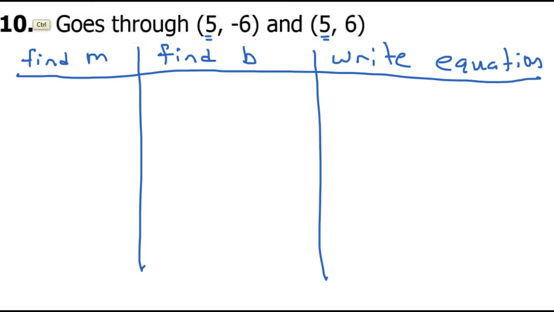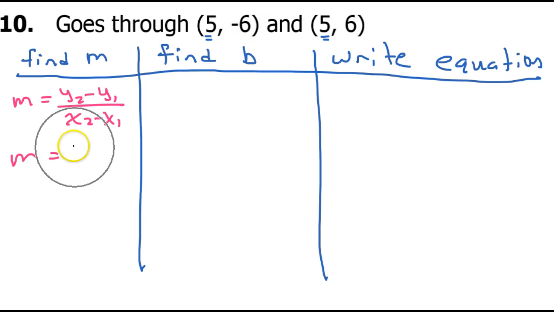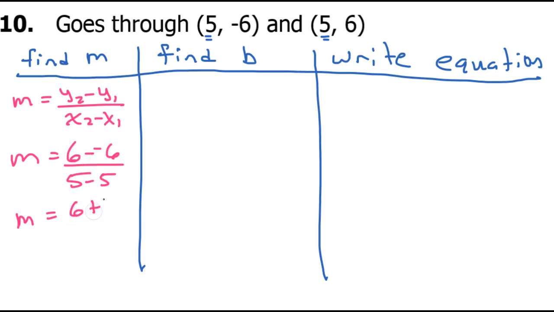Because when you go to find the slope, we know that the slope is y2 minus y1 over x2 minus x1. So that's going to be 6 minus negative 6 over 5 minus 5. Okay, so 6 minus negative 6 is really the same as 6 plus 6. So I've got 6 plus 6 over 5 minus 5.